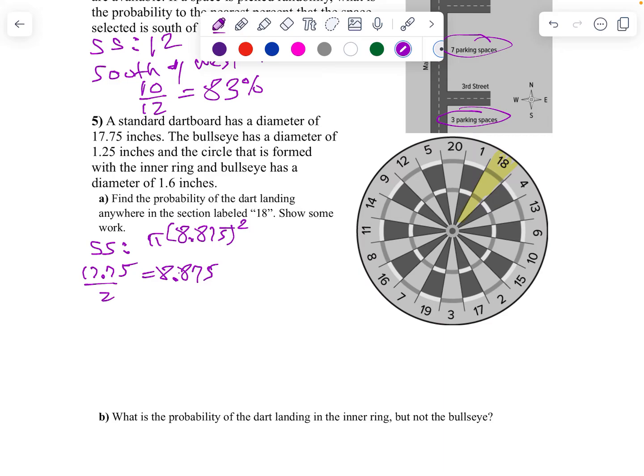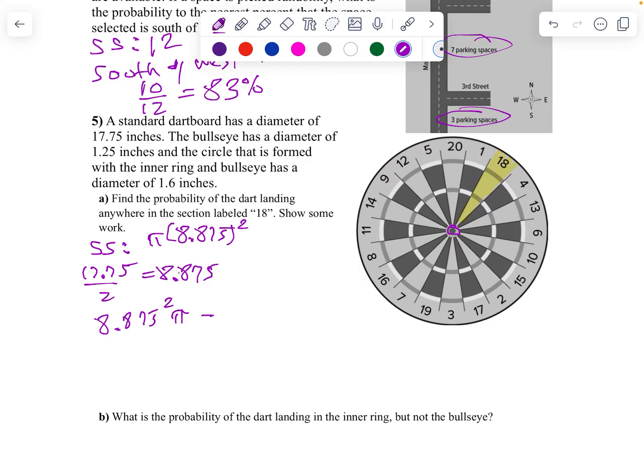Now, I want to find that section of the circle. Notice it's not a triangle because I'm not including the bullseye. So what I'm going to do here is find the area of the part that's not the bullseye. So I'm going to take 8.875 squared pi, and I'm going to subtract off the center ring.